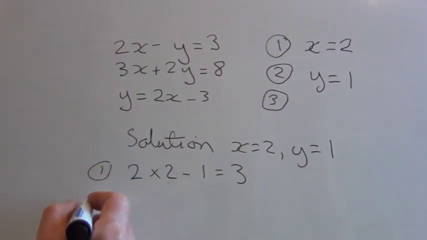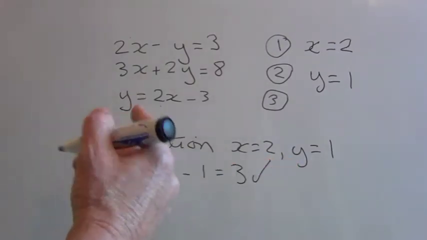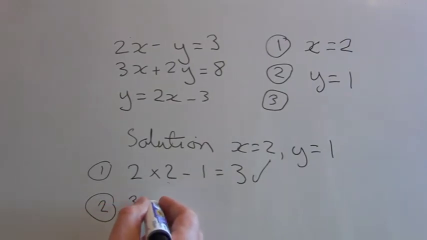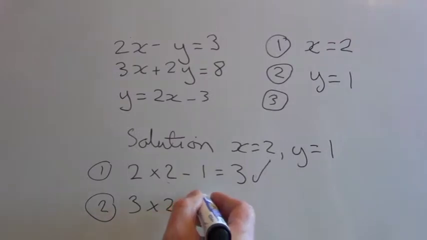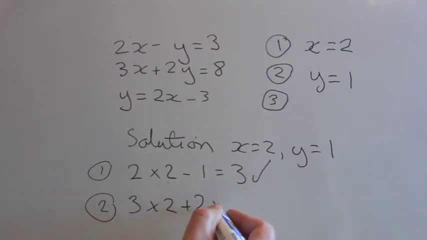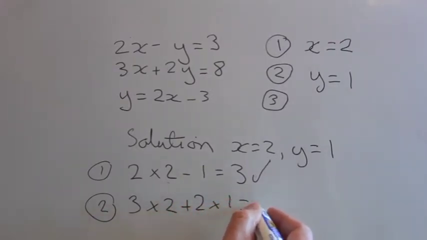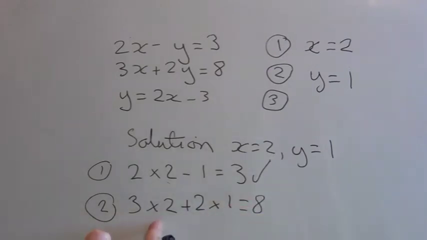And for equation 2 we have 3 times 2 plus 2 times 1 equals 8. So 3 times 2 is 6, 2 times 1 is 2, so that's 8, so that is correct. So our solution to the equations is correct. Now let's have a look at another example.